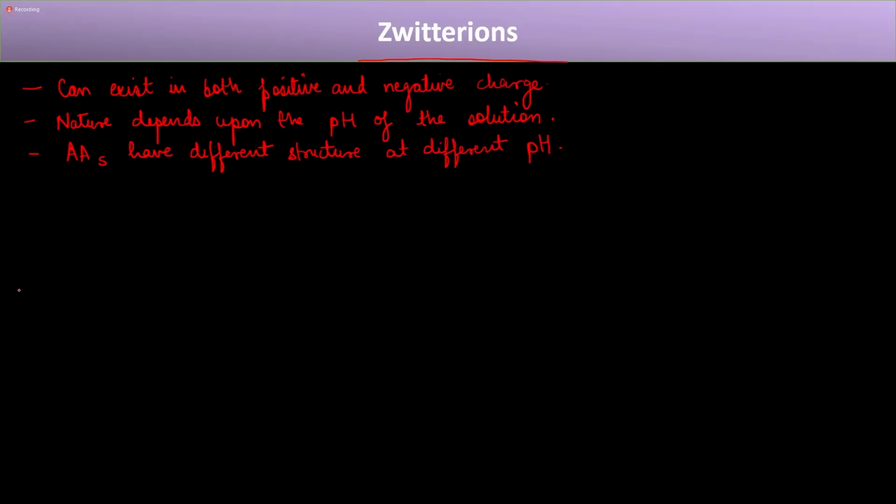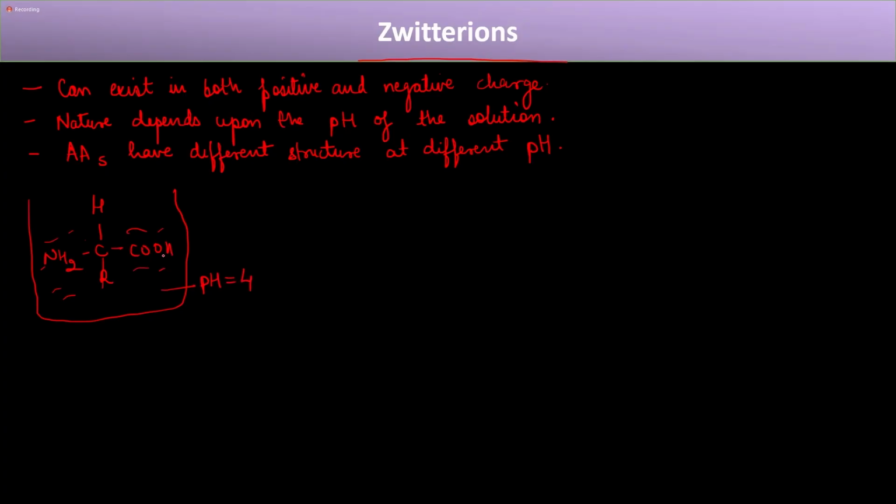So what I'm trying to say here is, this is the structure of your amino acid: you have the R group, you have COOH, and you have NH2. Now suppose this is kept in a solution, say with a pH of 4.